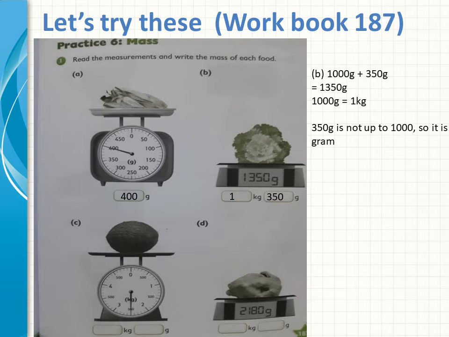All right, look at C. On C, you can see there that the arrow is already on 2, no, it is not on 2, it has passed 2, and it is on 500. So because it has passed 2, we say that we have 2 kilograms and how many grams?